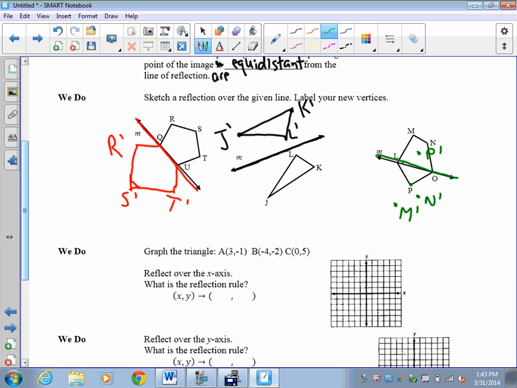So whenever we connect the dots, we still have L and O. They're on the line, so they don't move. And our new image is that one in green. So that one might be a little bit tricky to see. But remember, whenever we figure out that the lines have to be the same distance, so ON prime and ON are congruent segments. That should help you see this a little bit better.